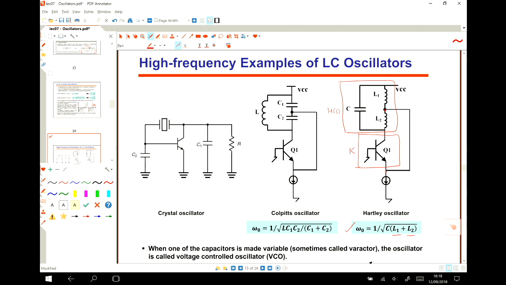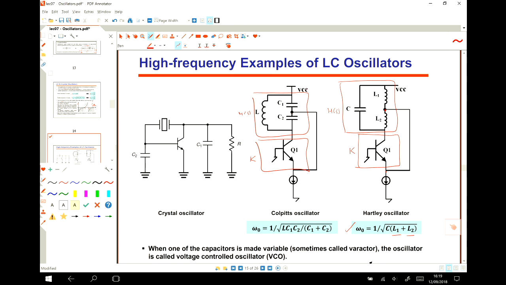And then in the Colpitts oscillator, again, we have a feedback network and your transistor, which gives you a gain of K. And then again, we get feedback to the input. So you see that this system does not have any input.